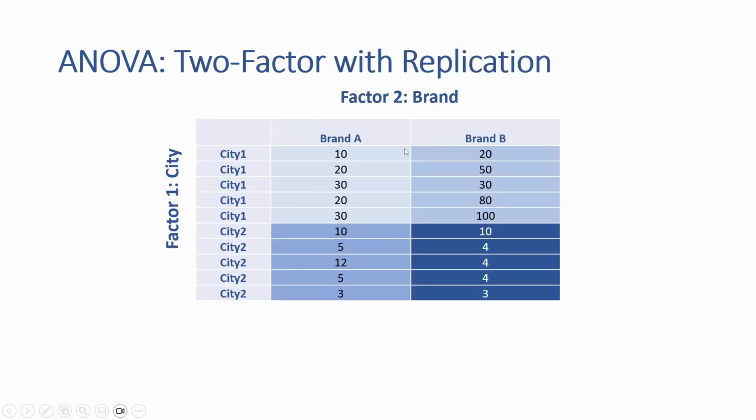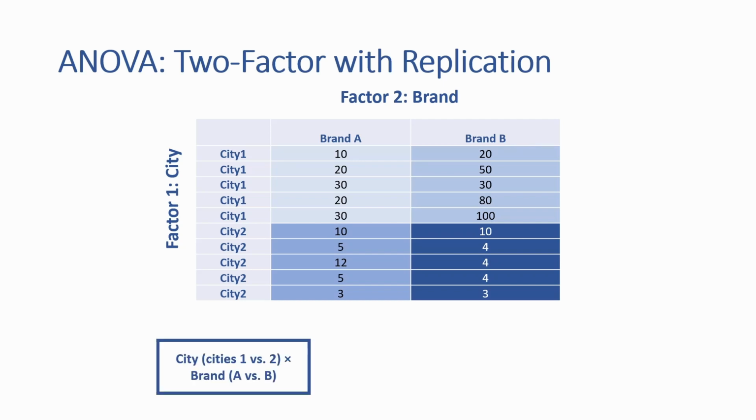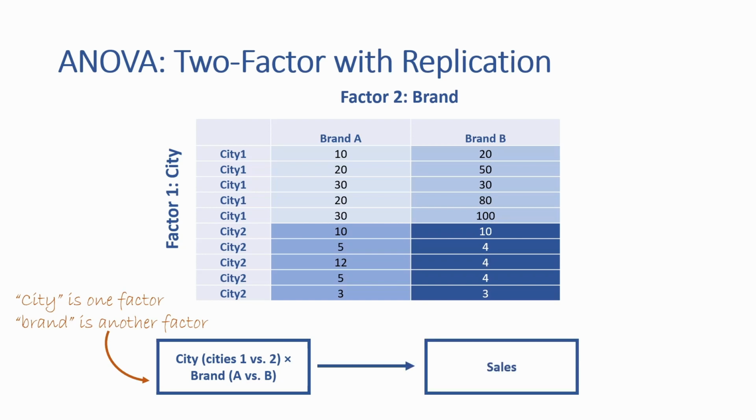But here we distinguish, so 10 units are brand A and 20 units are brand B. So we are considering another factor. This is the model. We have two independent variables, region and brand. Region is one factor, brand is another factor. And the dependent variable is again sales.